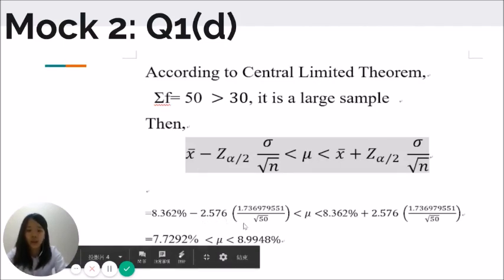After that, we can calculate the confidence interval by substituting all the data into this formula. The answer for question 1D will be 7.7292% and 8.9948%.